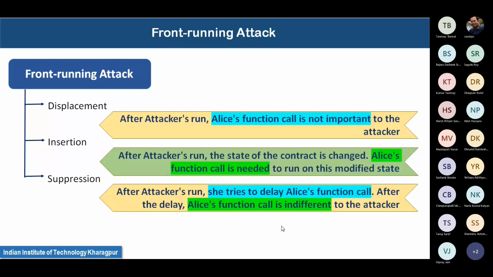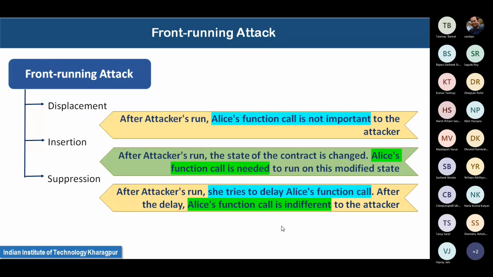He finds that this is a good website address to buy. So the attacker will introduce a transaction and try to front run Alice so that the attacker's transaction goes in first, and the attacker gets that particular address, and then Alice will lose out. Alice's function call will actually fail because the attacker has front run that call.